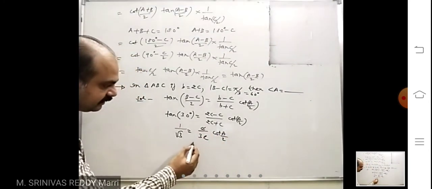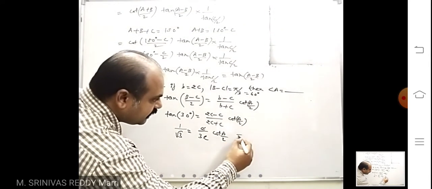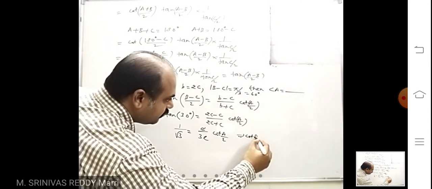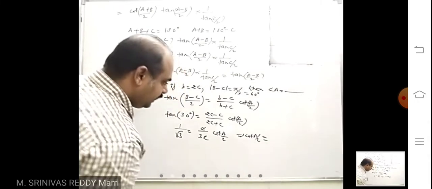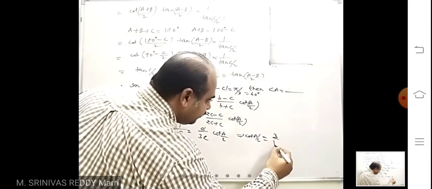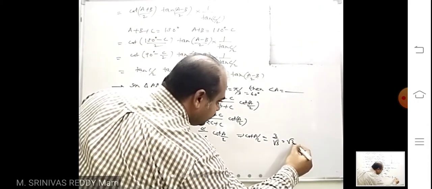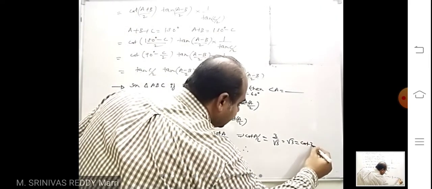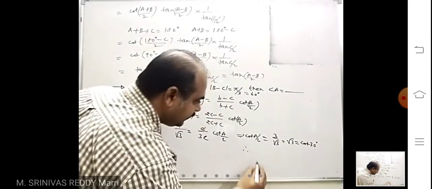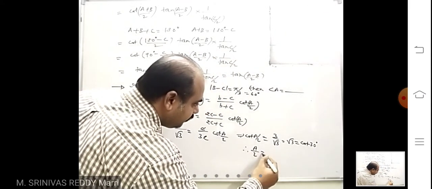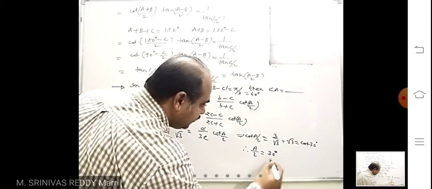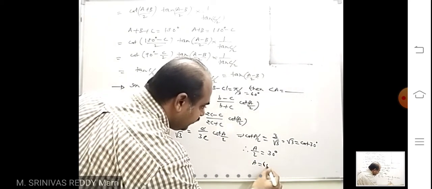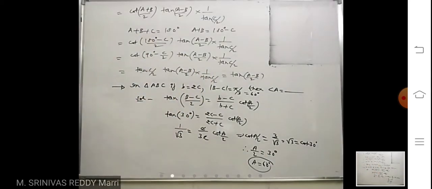C cancels. So cot A by 2 equals 3 divided by root 3, that is root 3. Therefore this is cot 30 degree. So A by 2 is 30 degree, and therefore A is 60 degree.